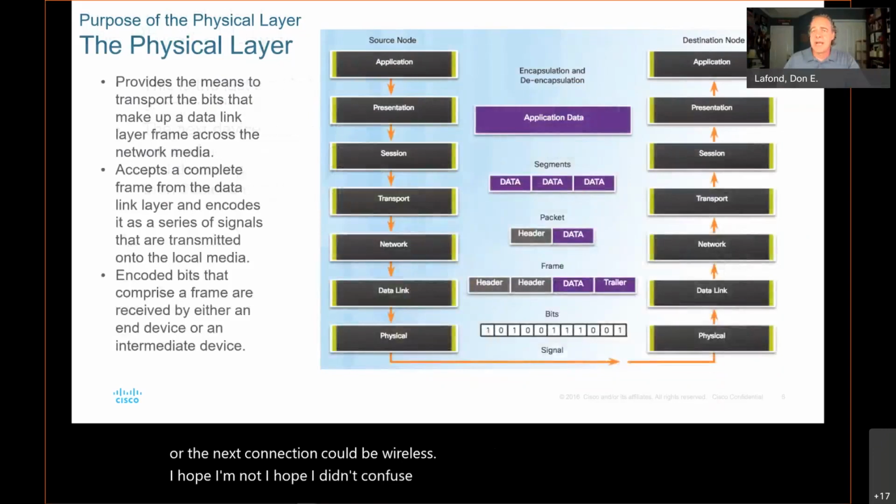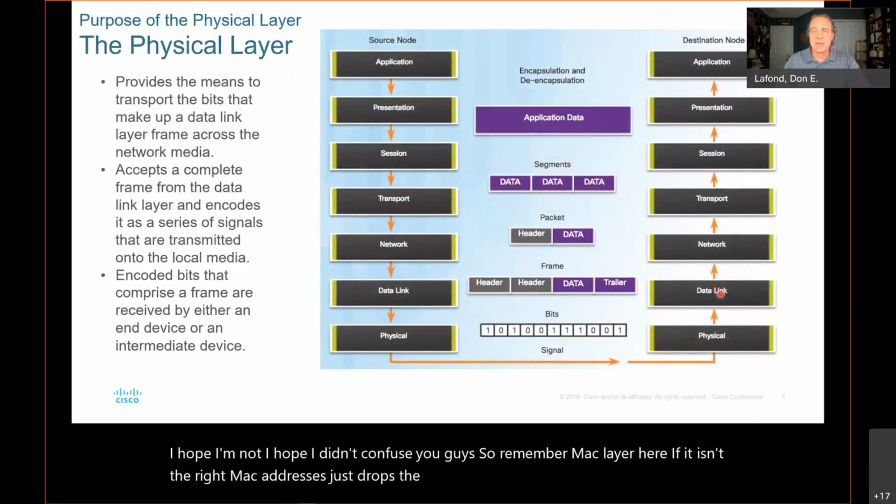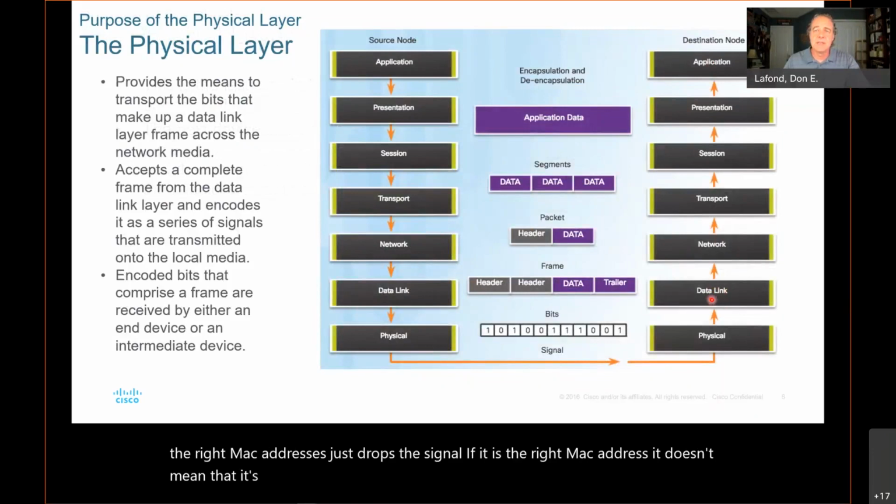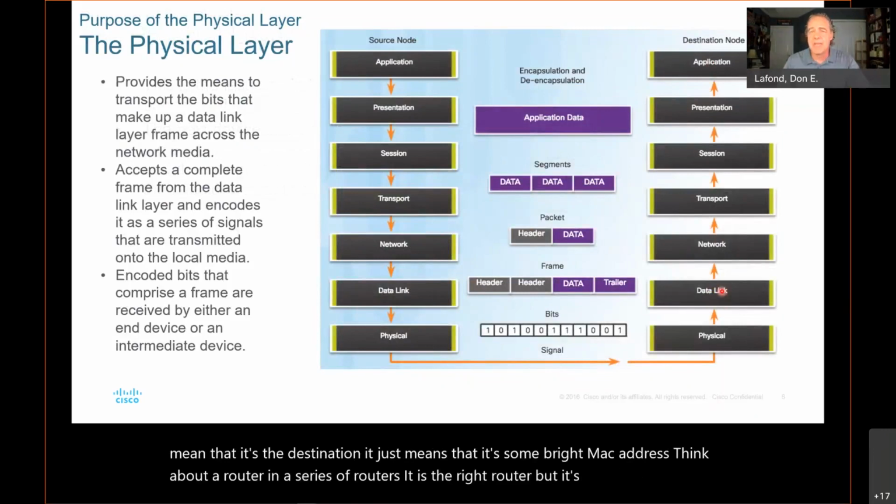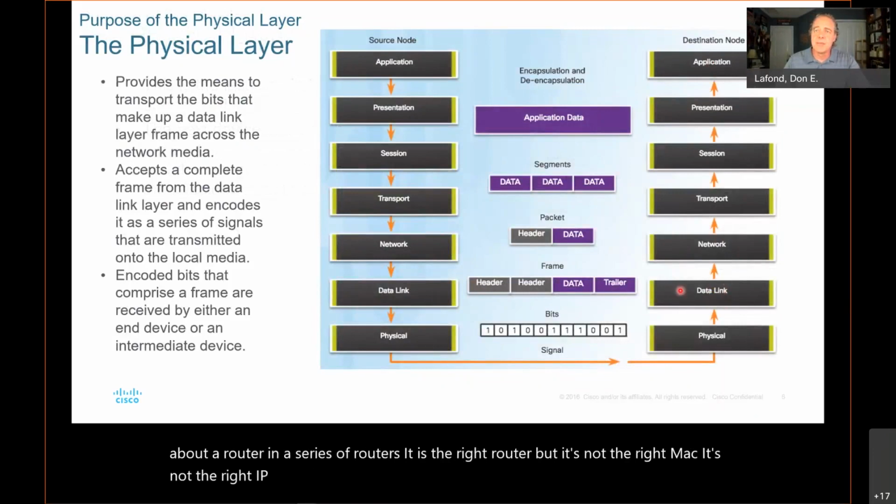So remember, MAC layer here. If it isn't the right MAC address, it just drops the signal. If it is the right MAC address, it doesn't mean that it's the destination. It just means that it's the right MAC address. Think about a router in a series of routers. It is the right router, but it's not the right IP address. So if it's the right MAC address, it goes up to the IP address.